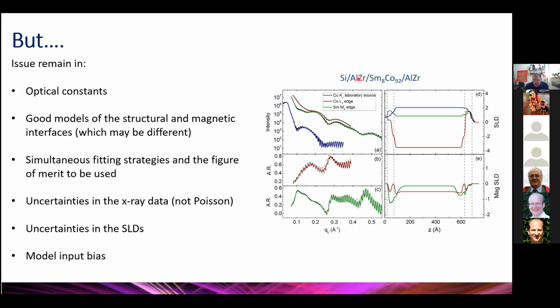And in this example, which is just a simple samarium cobalt layer, one of the things you can see is as you tune to the different energies, so the blue is the lab data. If we tune to the samarium edge or the cobalt edge, the scattering length can go from positive to negative within the X-ray data. And of course, the shape of this interface becomes very complicated in how this is modeled.